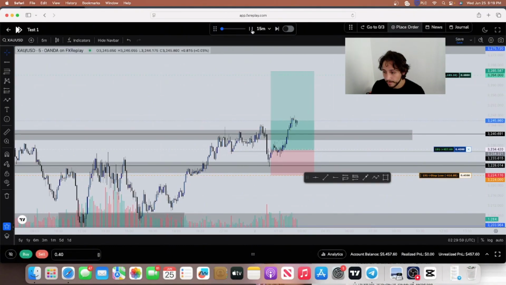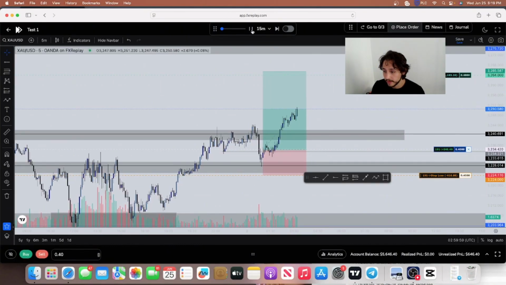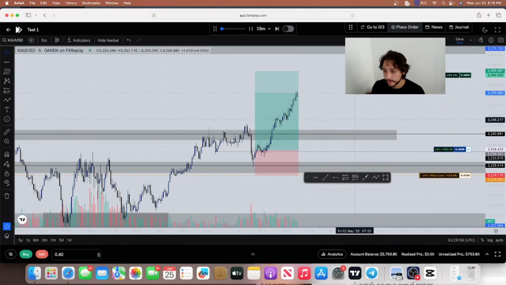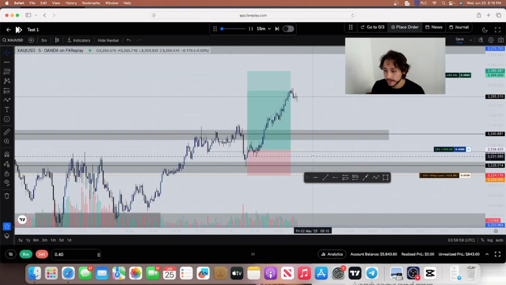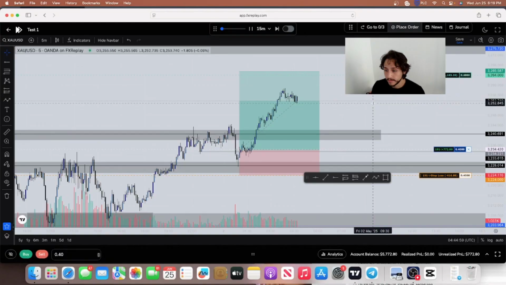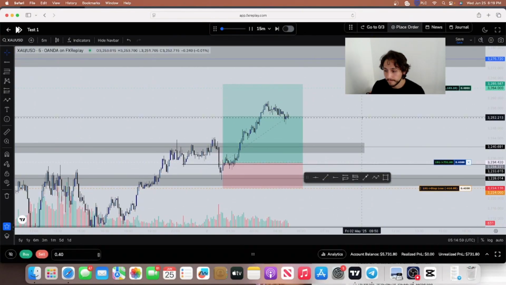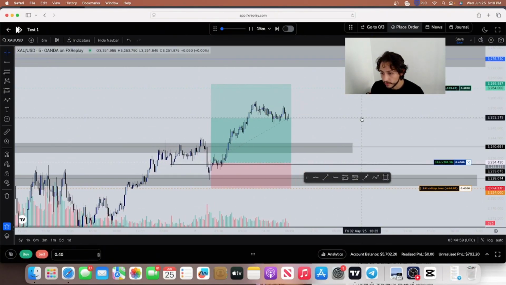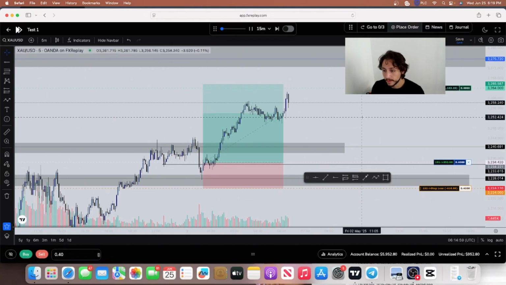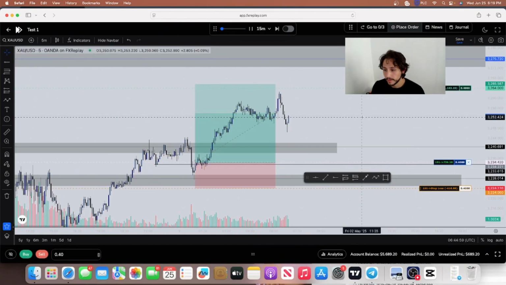Oh, there you go. That is the first trade that we take. We're going to smack that take profit. Let's see. So we're up $700 in this trade. Let's see.